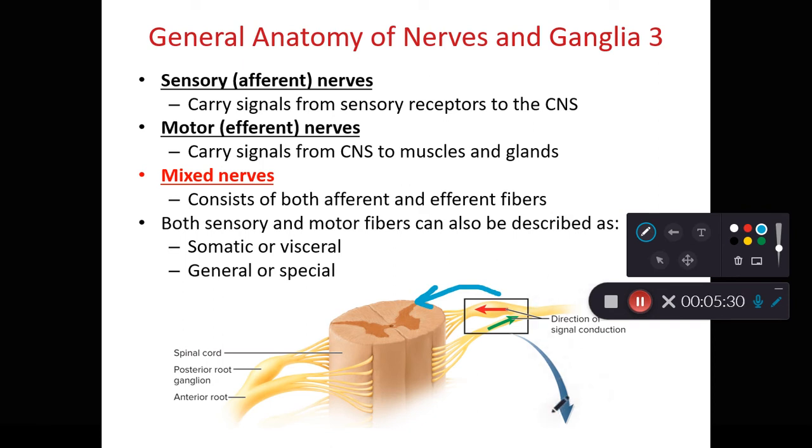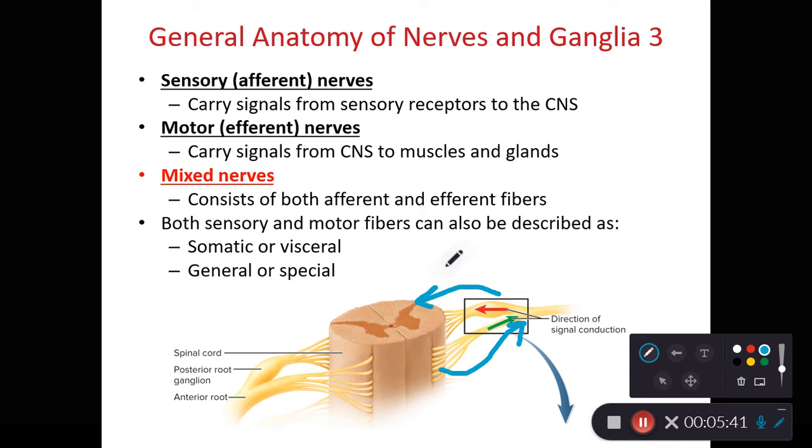And then we are going to have motor or efferent nerve signals exiting through the anterior nerve rootlets. And we're also going to have mixed nerves. Mixed nerves are going to contain both those sensory signals, carrying information to the spinal cord, and motor signals, carrying information away from the spinal cord.